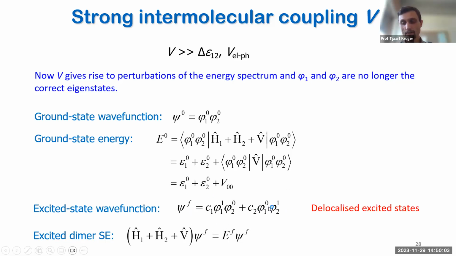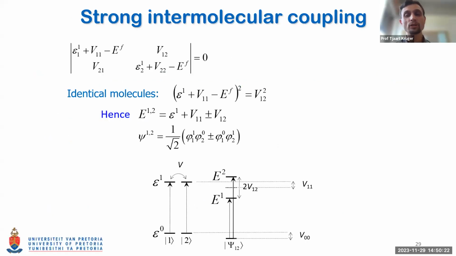And in this case we are not simply summing the individual eigenstates anymore, but the combined system's eigenstates must be used. So the new eigenstates are now required to be stationary solutions of the dimer Schrödinger equation. We can find the solutions in the normal way by taking the determinant and setting it to 0, and let's just simplify this discussion. We are going to look at identical molecules, where we can simplify the notation into that.